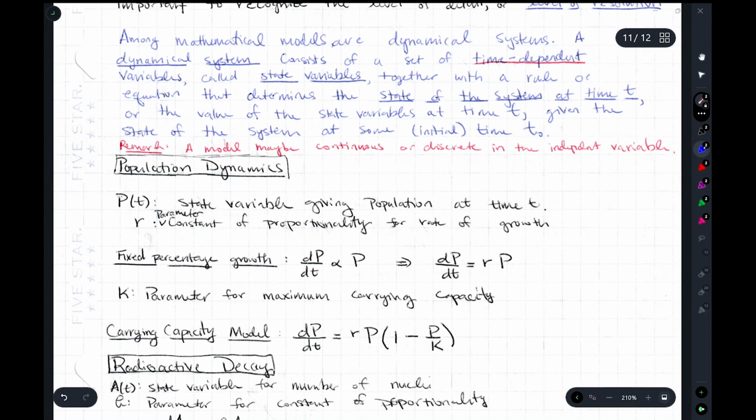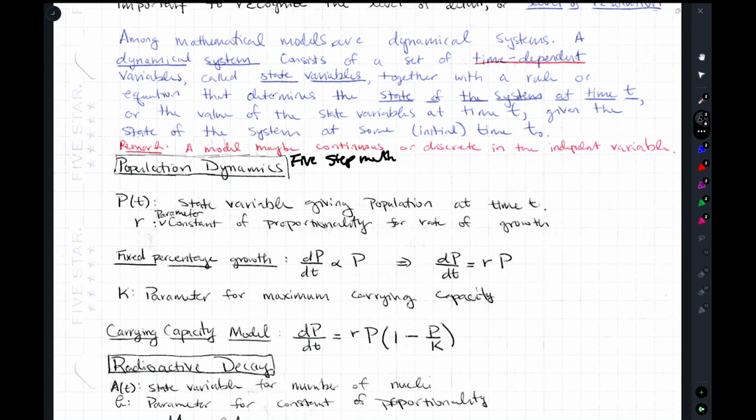The first step, and I'll write it over here, is to ask the question. We have to start with a problem that we want to solve.